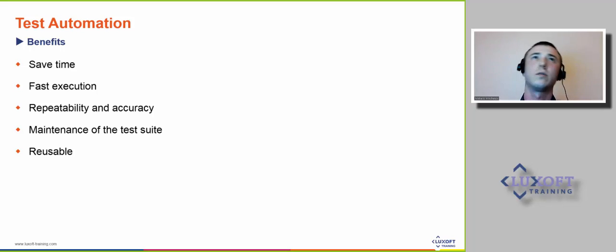So for example, when we have very big suite for regression testing and it can take like 1 week for 5 test engineers, and on the other hand we can have automation tests that cover all regression test suite. So we can just simply run this test suite at night and we'll have a lot of benefits like save time.